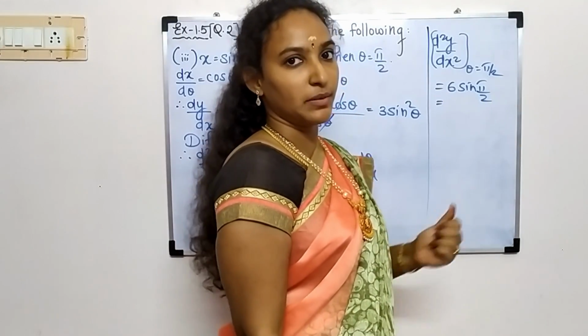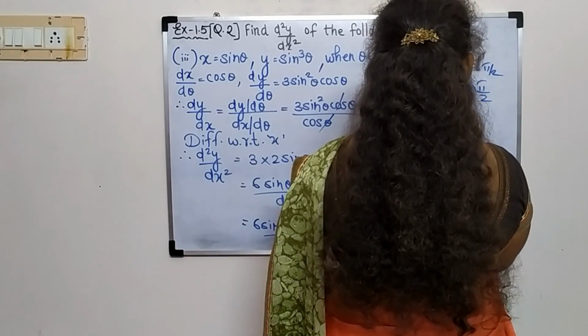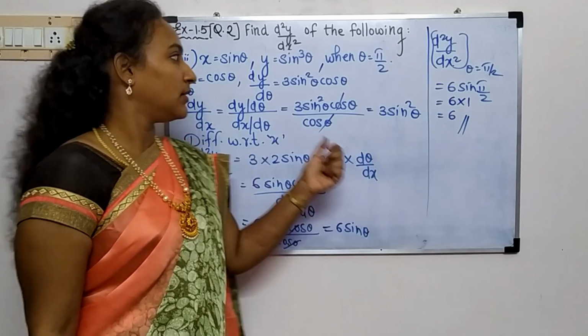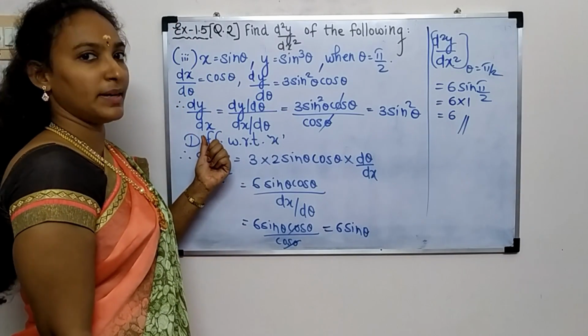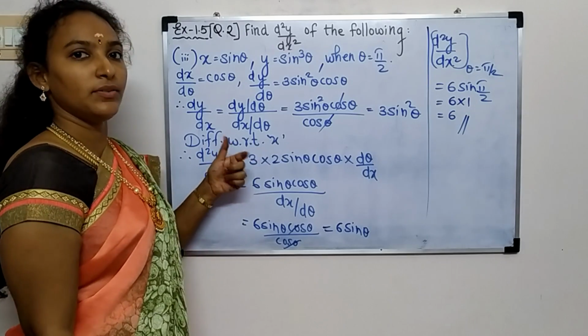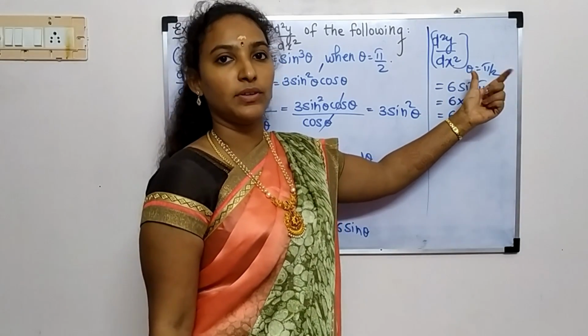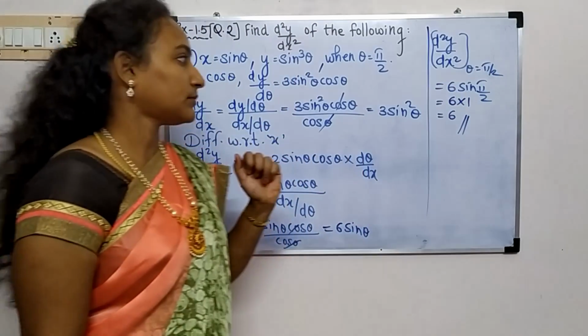So 6 into 1 will be 6. Okay. So the answer for this question is 6. See, find dx by d theta, dy by d theta, then dy by dx, then differentiate once again with respect to x. At last, substitute the value for theta or whatever the parameter given in the question.